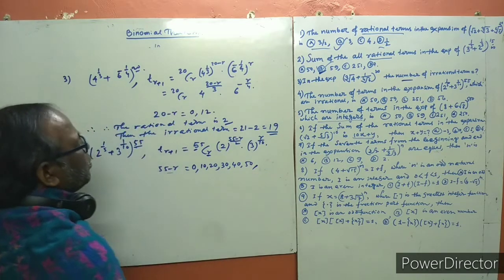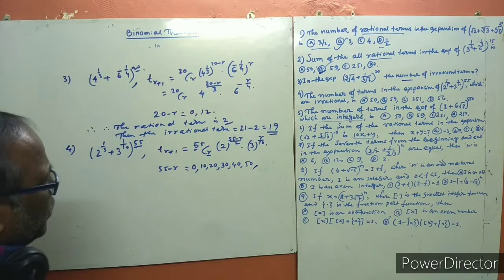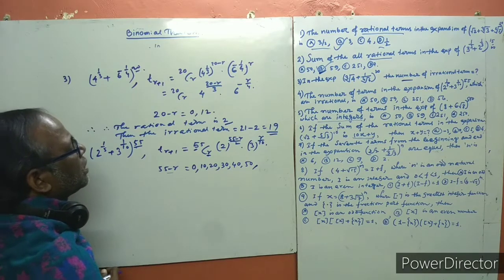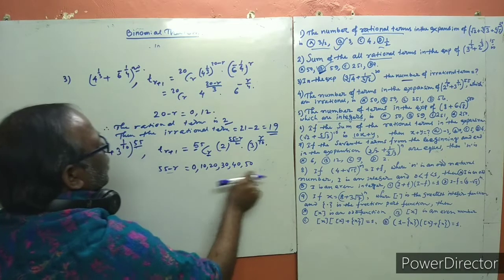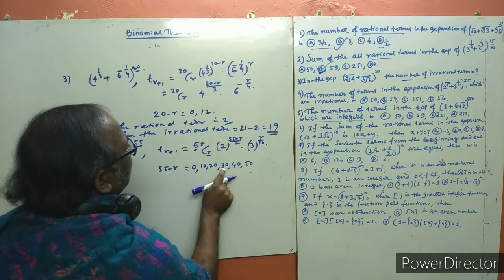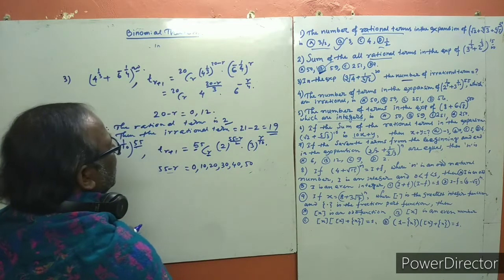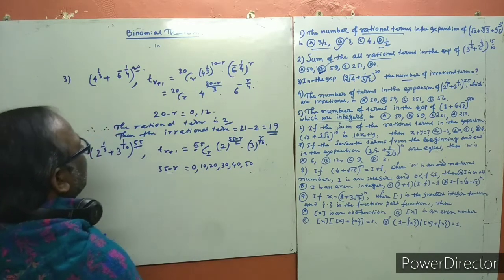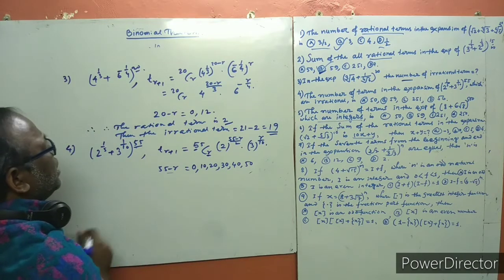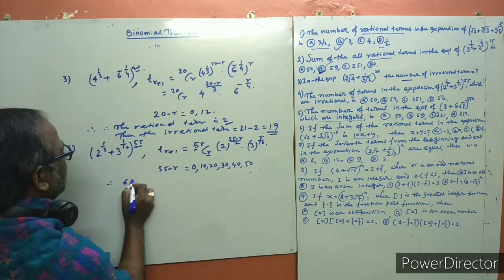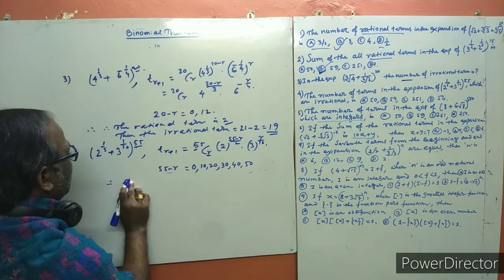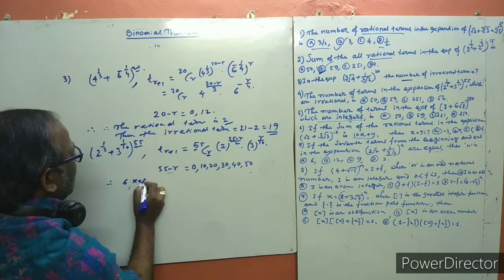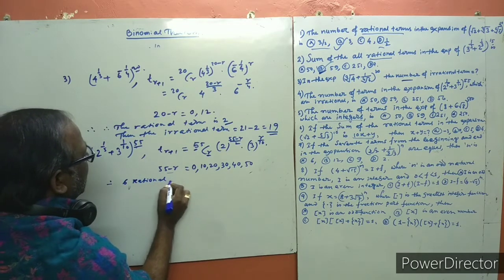So 50 is possible, up to here. So these are 1, 2, 3, 4, 5, 6: there are 6 rational terms.